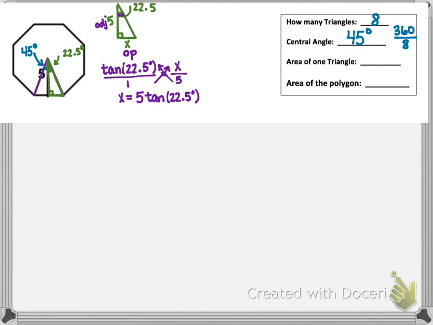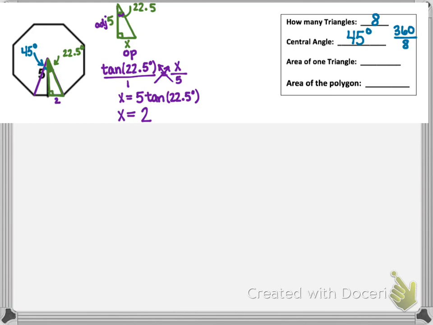All right, so you're going to pop that into your calculator, and you're going to end up with about 2. So in this little smidget, I have 2.